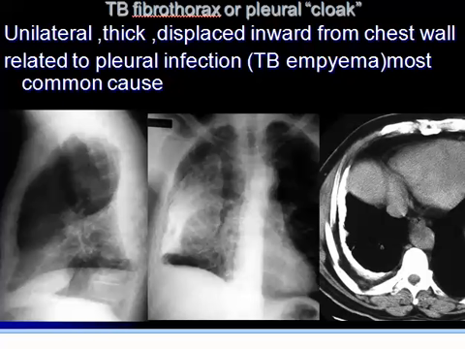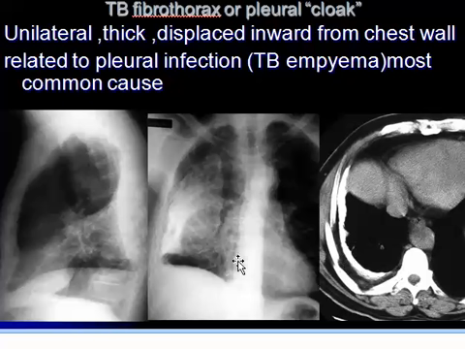Fibrothorax or massive fibrothorax or massive calcification is called the pleural collar. This is the appearance. It's not uniform in both sides. It is only restricted to the involved side. It's unilateral, thick, displaced inward from the chest wall, related to the pleural infection, usually TB empyema.